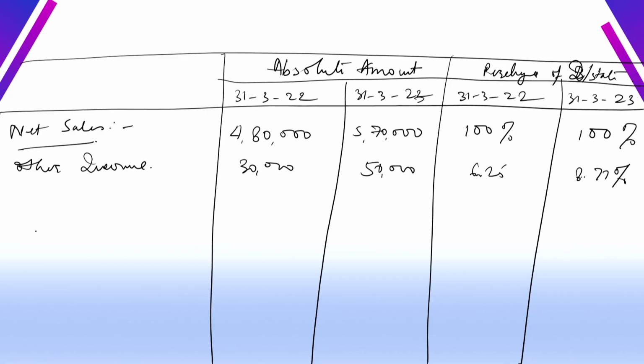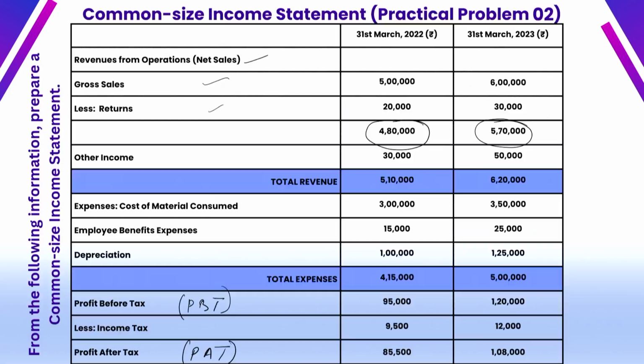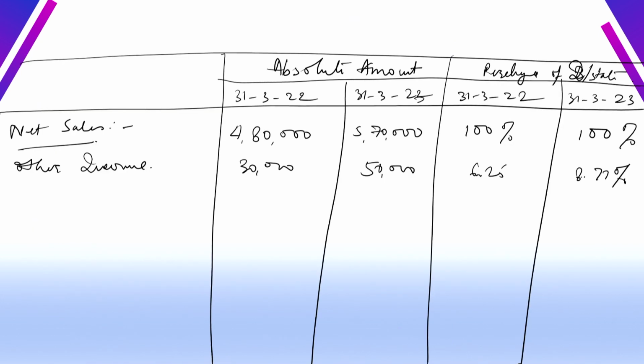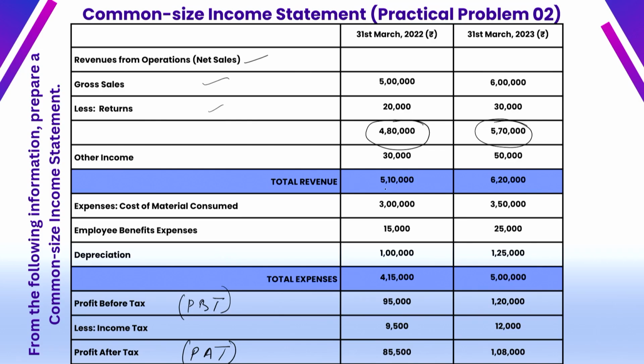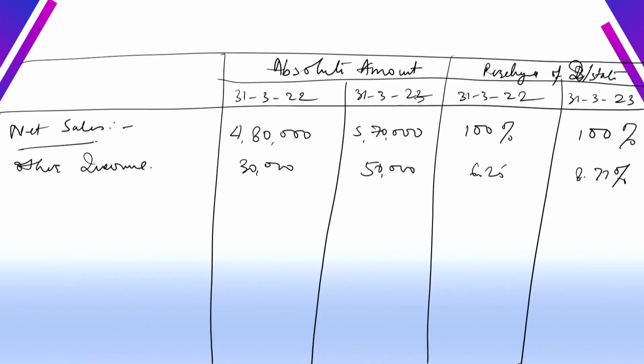If we want to take the total revenue, it will come to 100 plus 6.25. So total revenue 5,10,000 will come to 106.25. But what we have to consider as the base year is 100 only, so we will consider only the net sales amount. Then we will deduct the expenses that we have seen in the question.